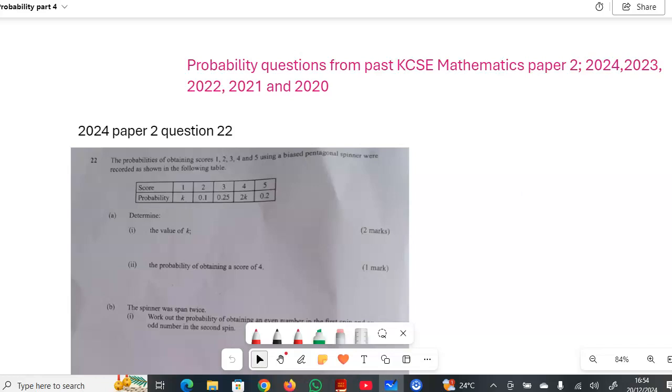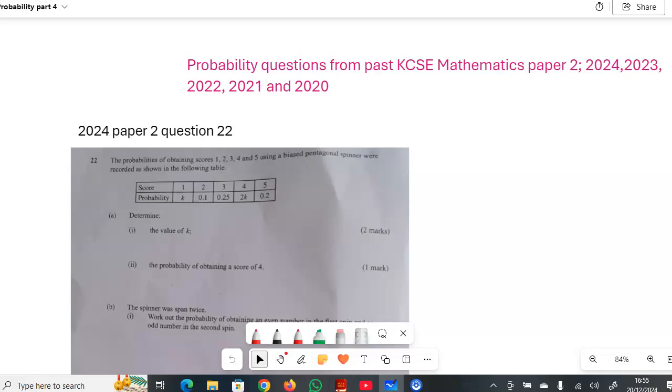Hello, welcome to our fourth part of probability. We have been dealing with probability, and in this case we are going to deal with the previous questions that have been tested on the KCSE, that is mathematics paper 2.